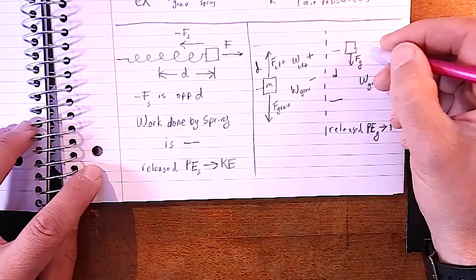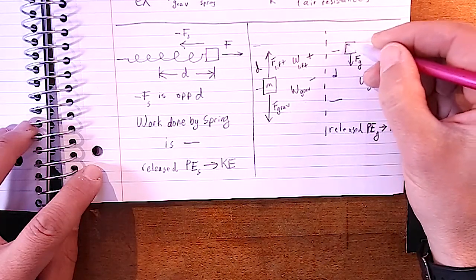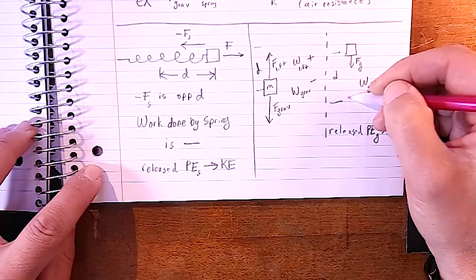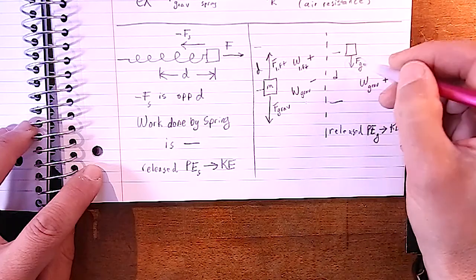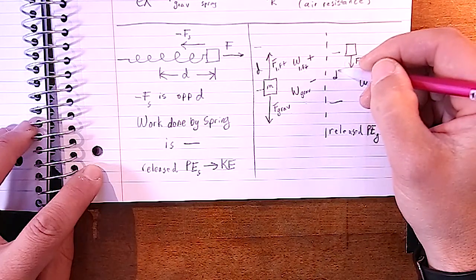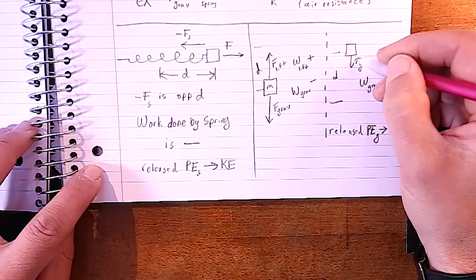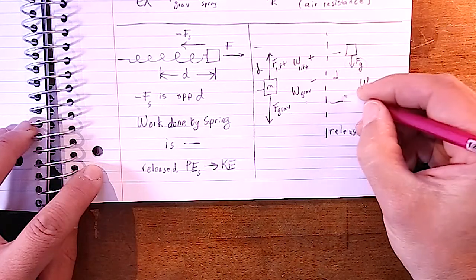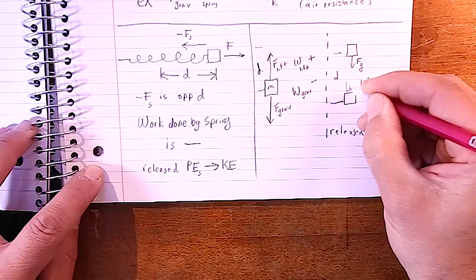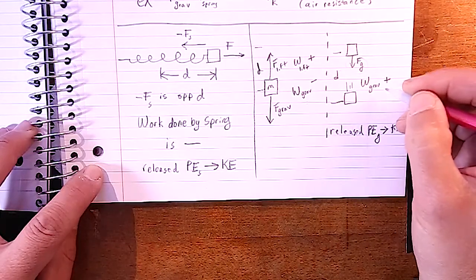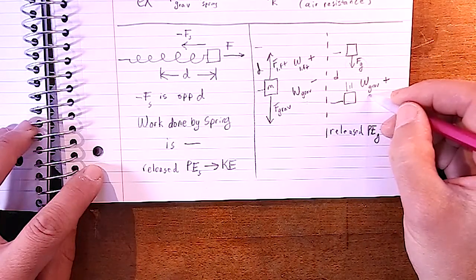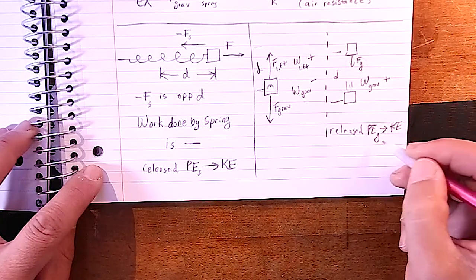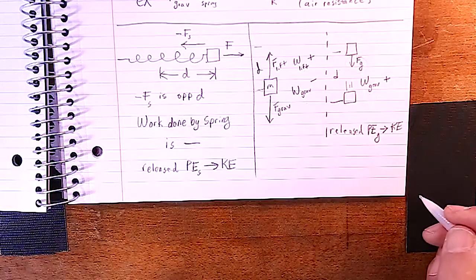But if we then take that object and we release it, that object will fall and gain speed. The force of gravity is now in the direction of displacement. As a conservative force, it's transforming the gravitational potential energy into kinetic energy as it goes faster and faster. So the work done by gravity in that case is positive because the released potential energy is converted into kinetic.